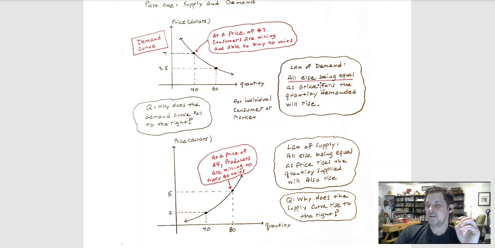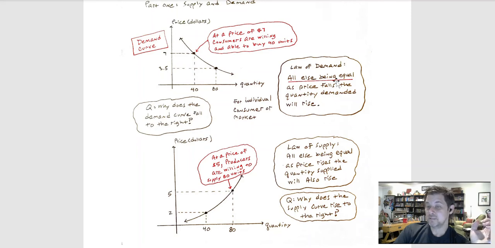Now, notice I underlined in red there, all else being equal. There are lots of other things that affect how much of any item people will buy on a marketplace, okay? And how much they'll buy at a certain price. What we're saying is if you hold everything else constant that might influence this situation, as the price falls, the quantity demanded will rise.